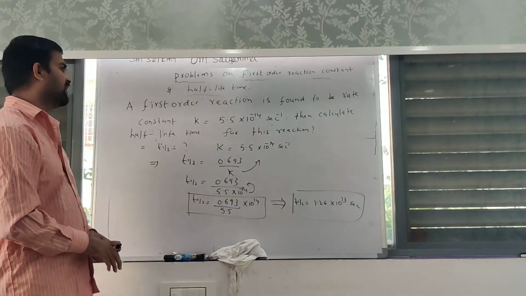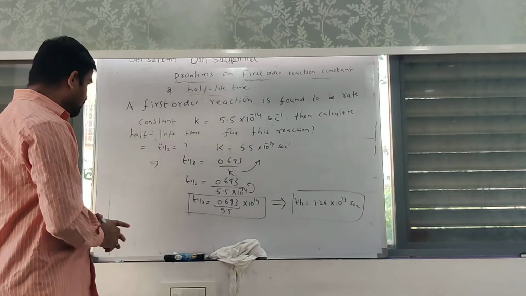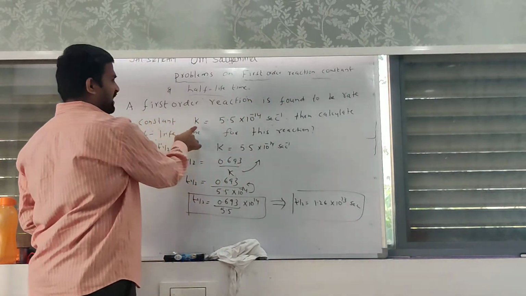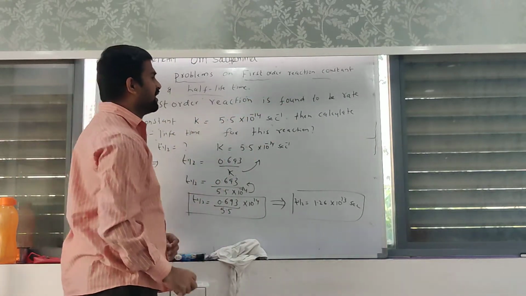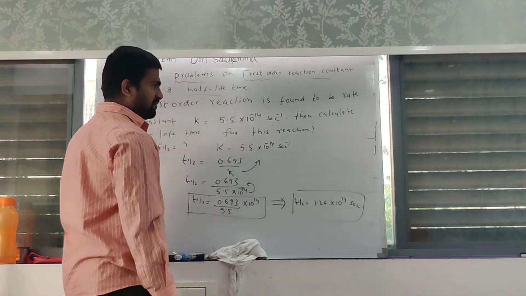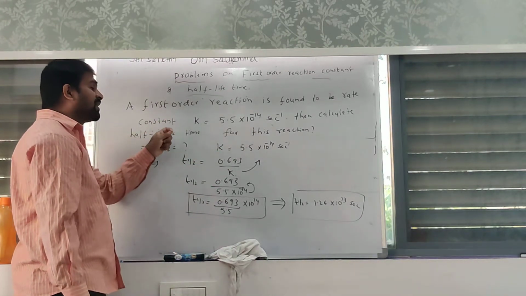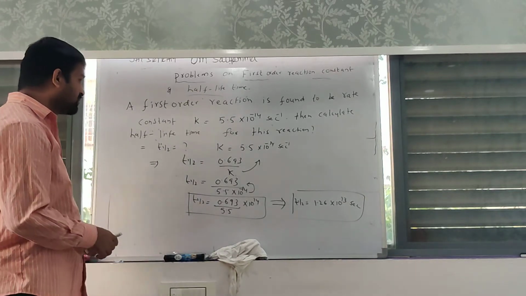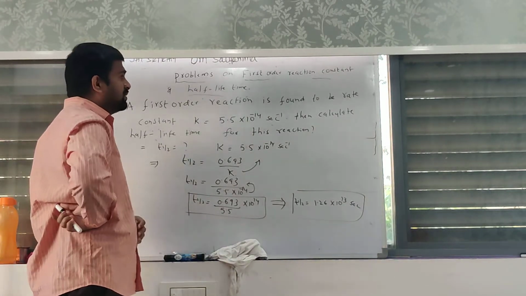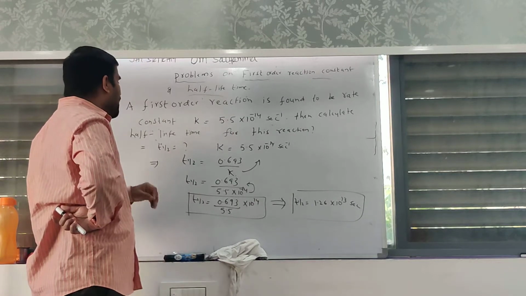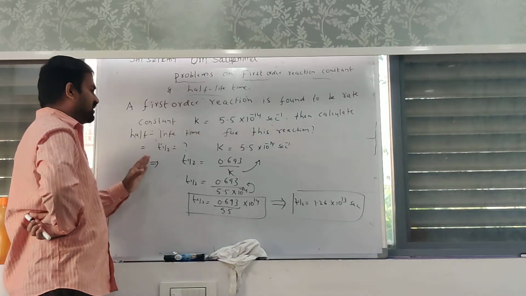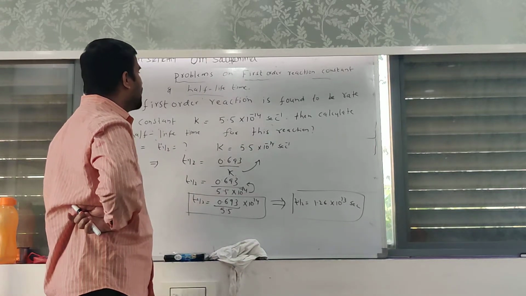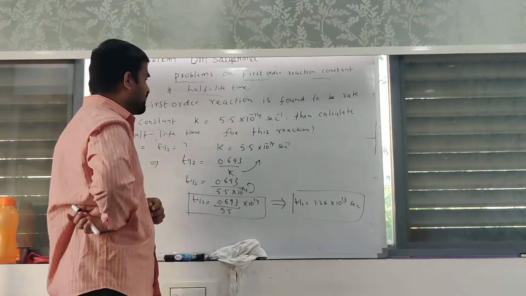Okay, completed. A first order reaction is found to have rate constant K equal to 5.5 into 10 power minus 14 second inverse. Then calculate the half-life time for this reaction. This problem asks to calculate the half-life time of a first order reaction. From the problem, you know the rate constant value.